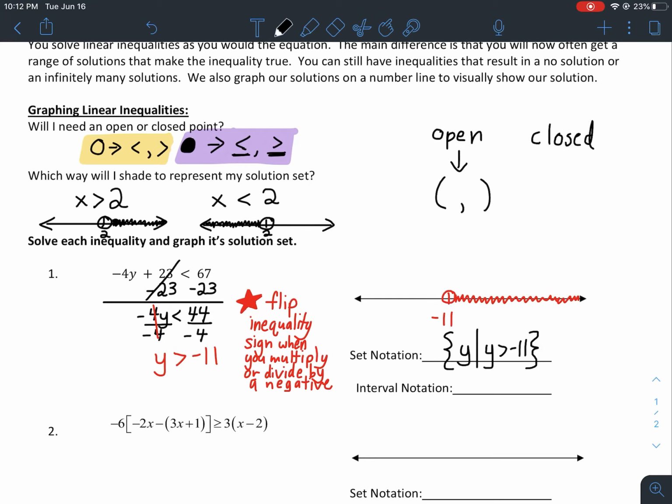If it is closed, you're going to use a bracket. Another thing you really want to remember about interval notation, anytime you're working with infinity, you want to use parentheses, or negative infinity.